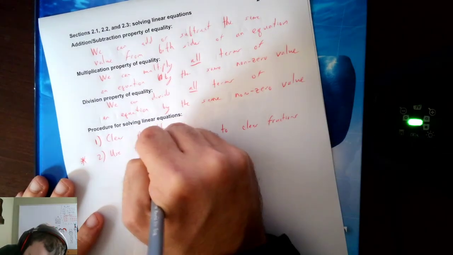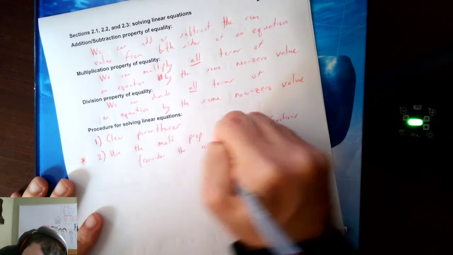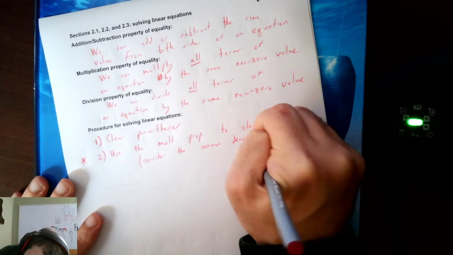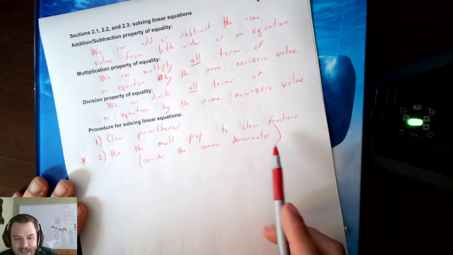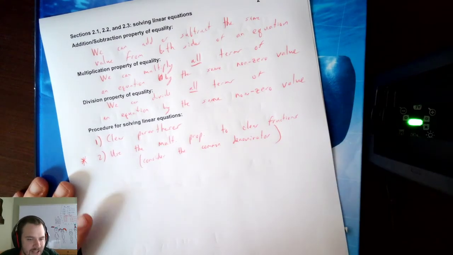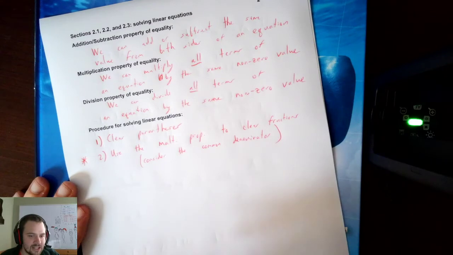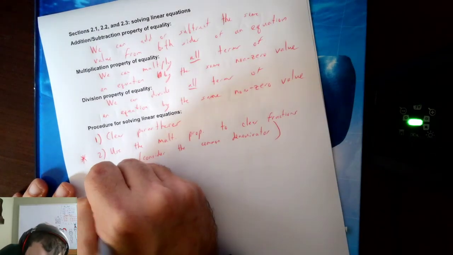And to do that, we consider the common denominator. And we'll see this in action. This step might seem weird, or what is he talking about? We'll see it work out. We'll see how it is used, and then we'll be able to see that it does get rid of the fractions.